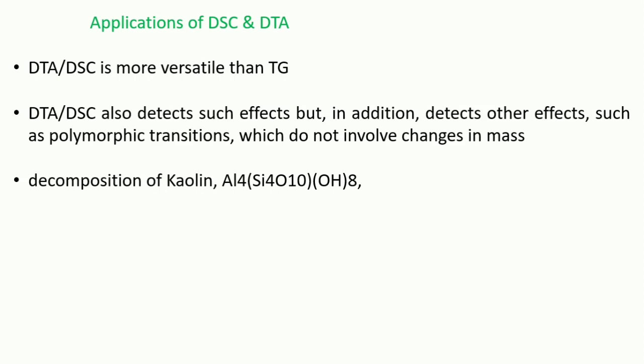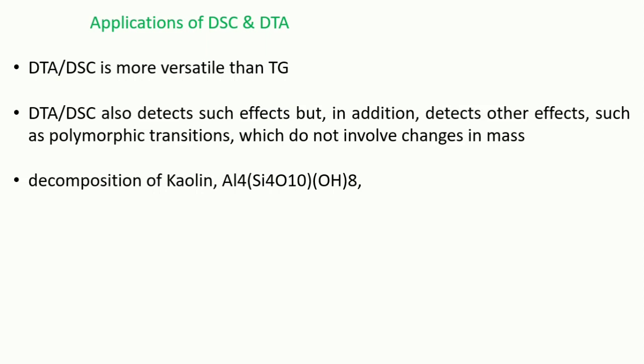For many applications and many problems, it is advantageous to use both DTA or DSC and TG together, because DTA and DSC events can then be classified into those which do and those which do not involve mass change.